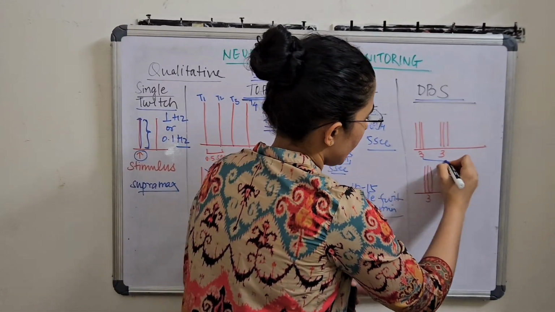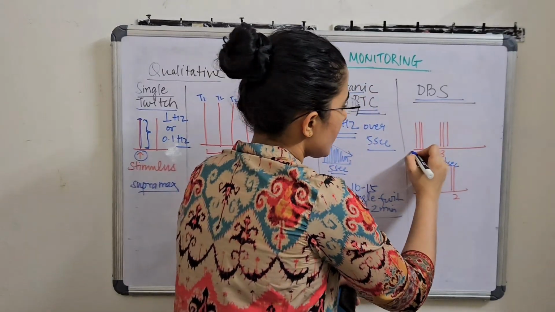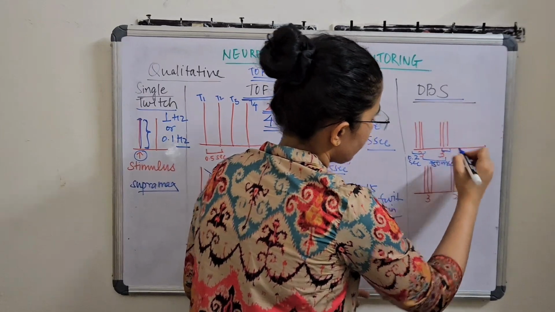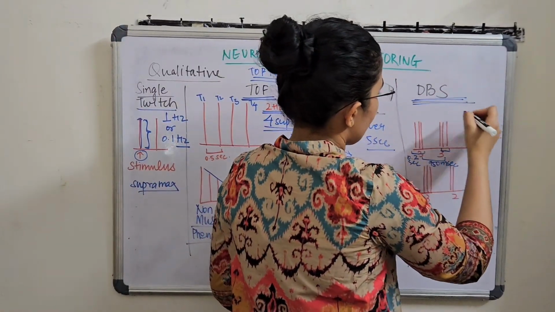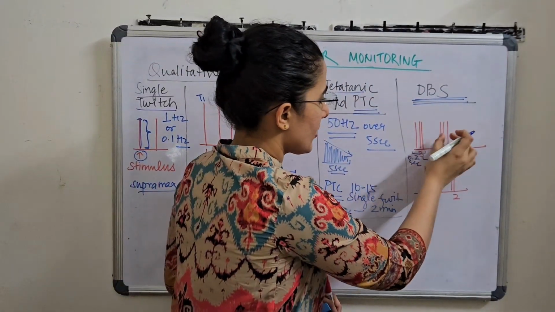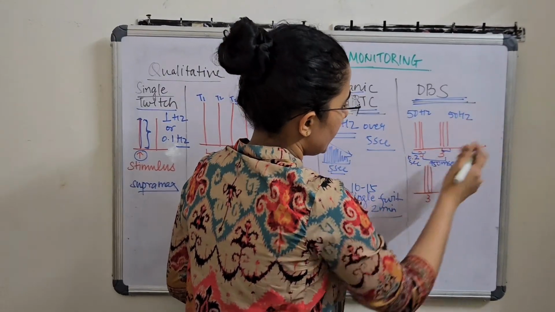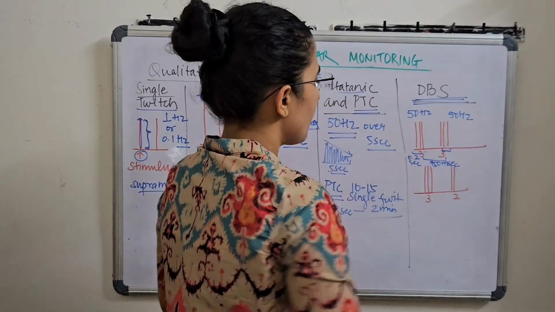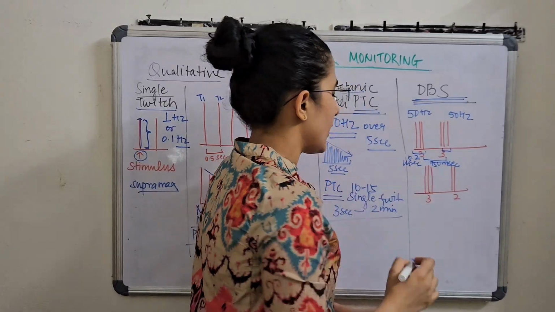This is separated by 750 milliseconds, and each of these stimuli will be 0.2 seconds in duration. So in double burst stimulation, we use two tetanic stimuli of 50 hertz, separated by 750 milliseconds.